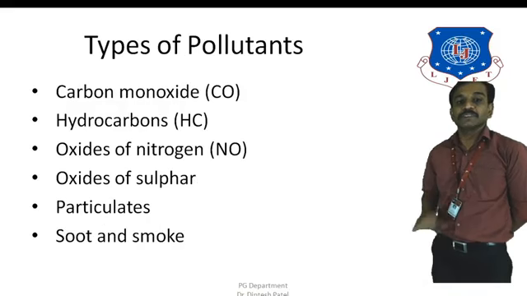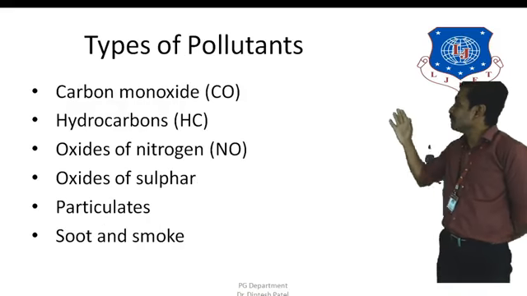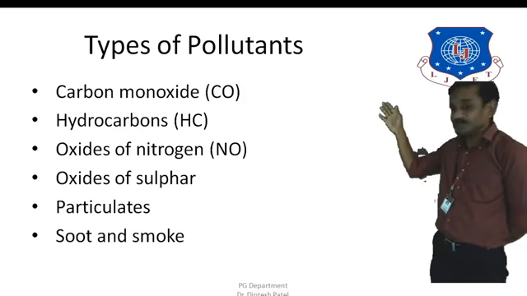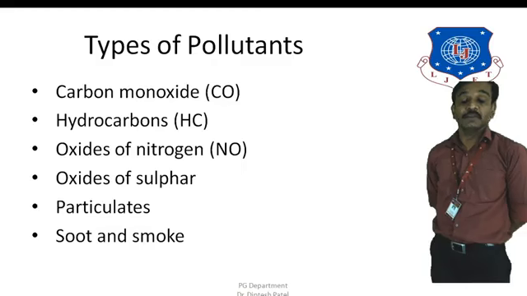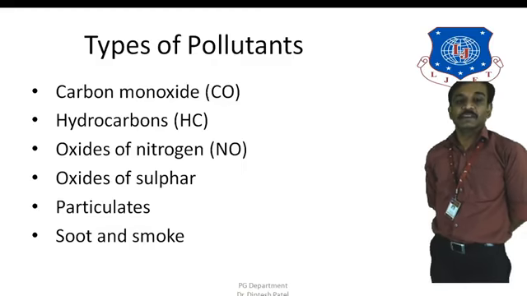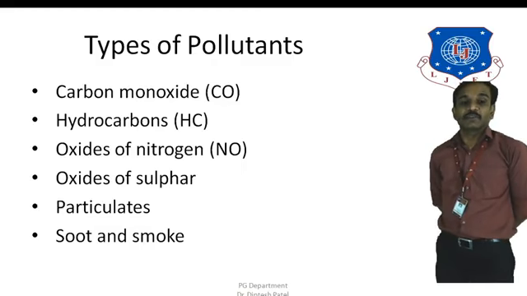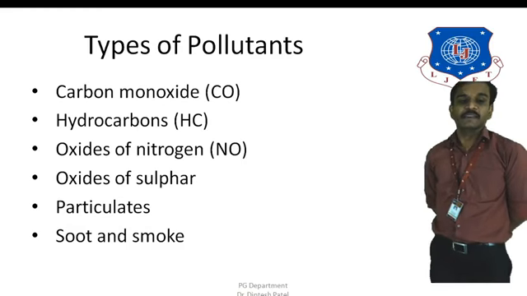Here we are going to see the different types of pollutants, such as carbon monoxide (CO), unburned or partially burned hydrocarbons (HC), oxides of nitrogen (NOx), oxides of sulfur, particulates and soot.